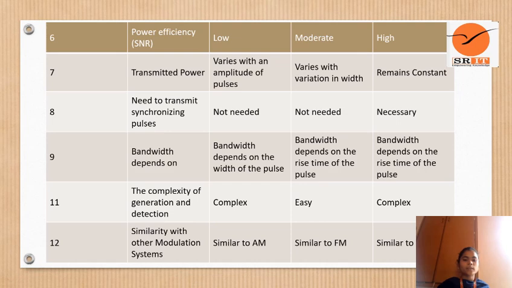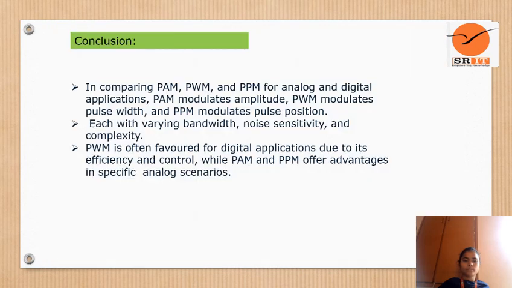We can see the similarity to other modulation systems. PAM is similar to AM, PWM is similar to FM, PPM is similar to PM. Conclusion in comparison of PAM, PWM and PPM for analog and digital applications: PAM modulates amplitude, PWM modulates pulse width, PPM modulates pulse position, each with varying bandwidth, noise sensitivity and complexity.